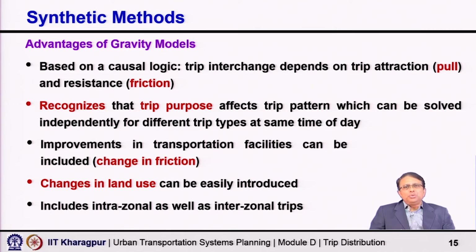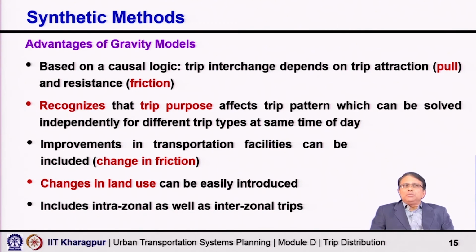What we need to do is calibrate a separate Fij value for separate trip purposes: maybe one curve or one set of calibration for work and business trips, and a different calibration for other trips. So, this gives an opportunity for that.